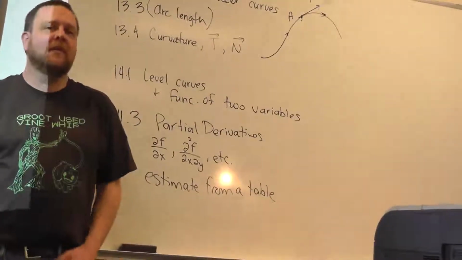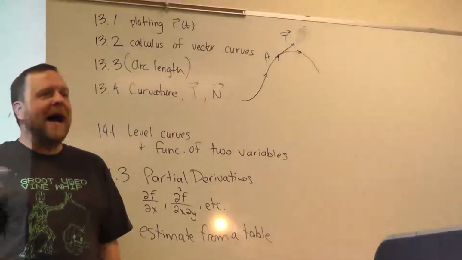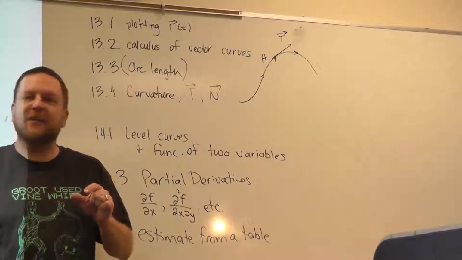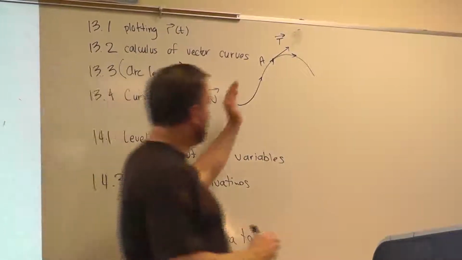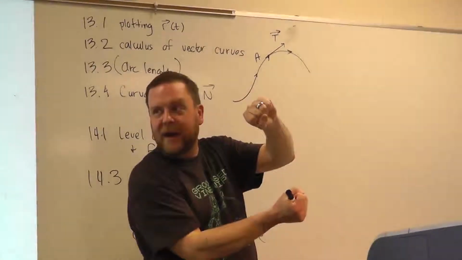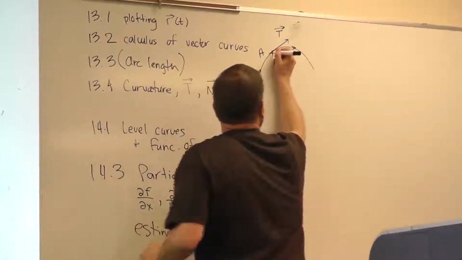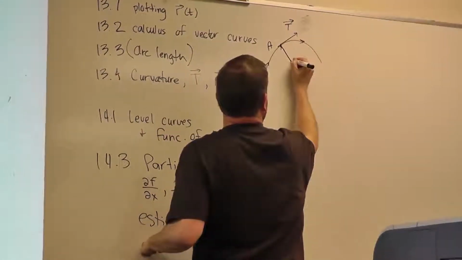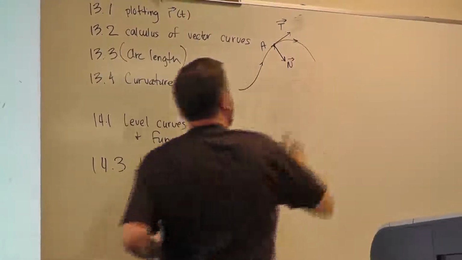Which direction would it point? Down. Yeah. I always pronounce it as the unit normal vector always points into the turn, or into the curvature. Since you're curving a little bit to the right, if you were driving along this path, you'd be steering your wheel to the right to compensate for the curve. So your unit normal vector would be this direction at that same length. It should look something like that.